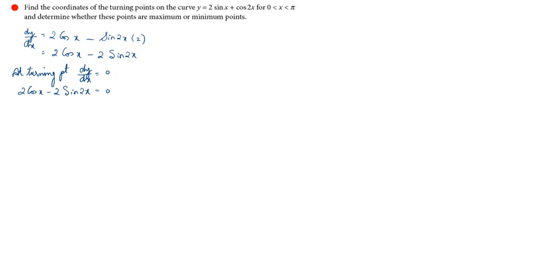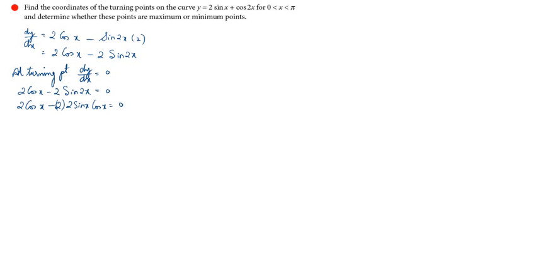So there are some common factors, and before that we can make some changes here. Sine 2x means 2 sine x cos x.